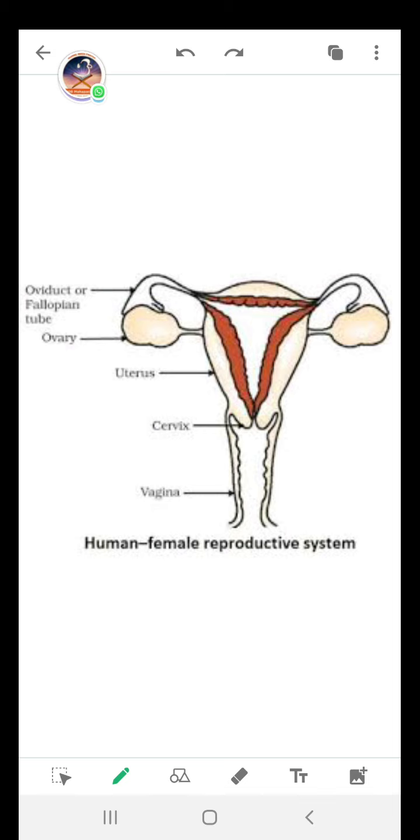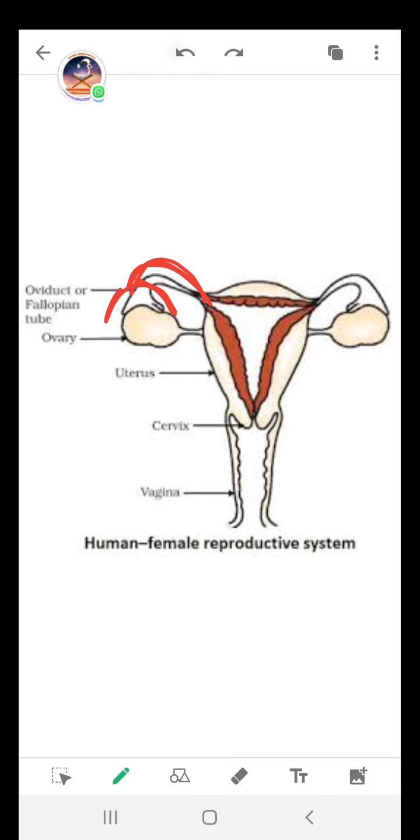Then just above the ovaries, the tube-like structure is called the fallopian tube, or we can say oviduct. Oviducts are not directly connected to the ovaries. It has a funnel-shaped structure called the funnel of the oviduct, which covers the ovary on both sides.